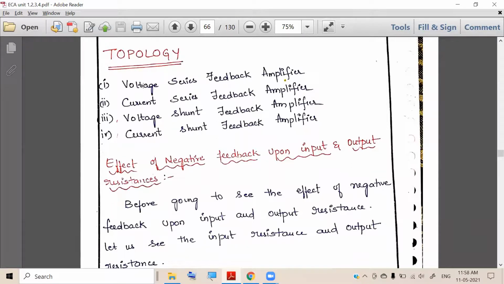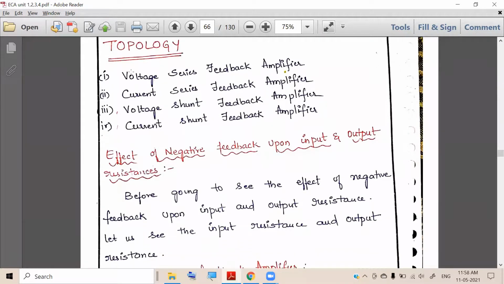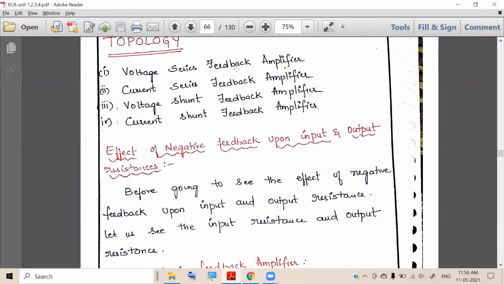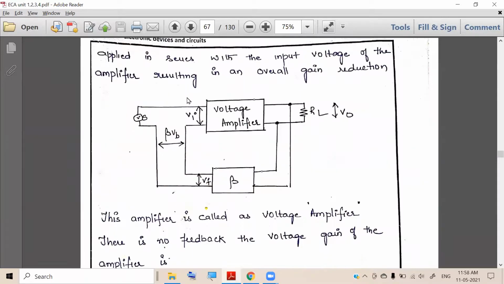So voltage means parallel connection, series means series connection. Very simple. So for voltage series feedback, output is parallel connection, input is series connection.